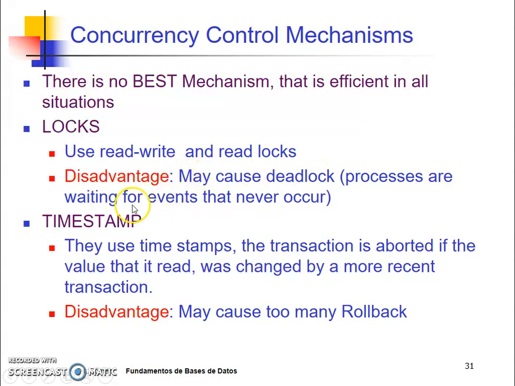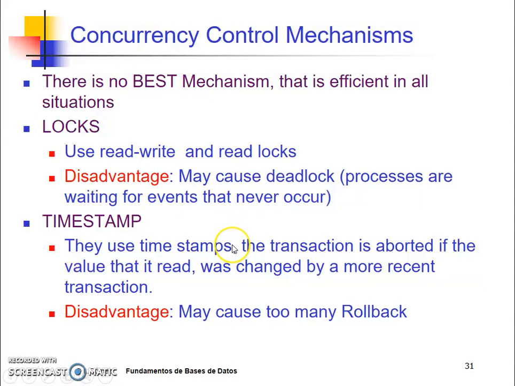The other technique is called timestamps. With timestamps, I write the timestamp every time I read or change a value on my data. If I detect that the value that I read was changed by another transaction, the transaction has to be aborted or rolled back.